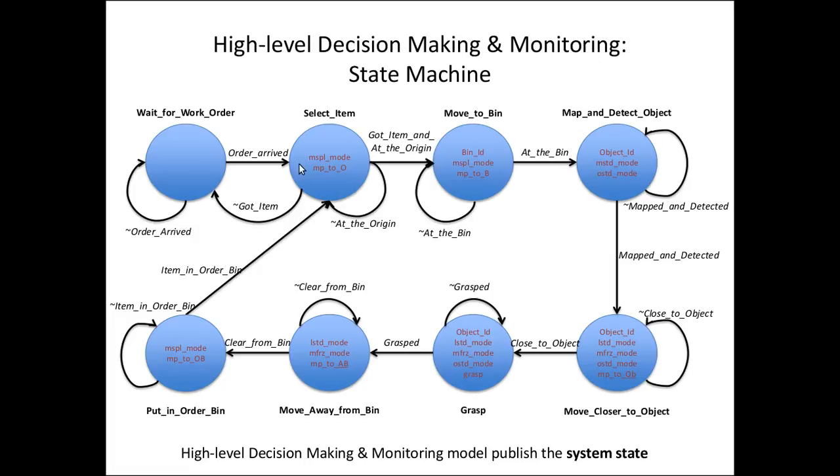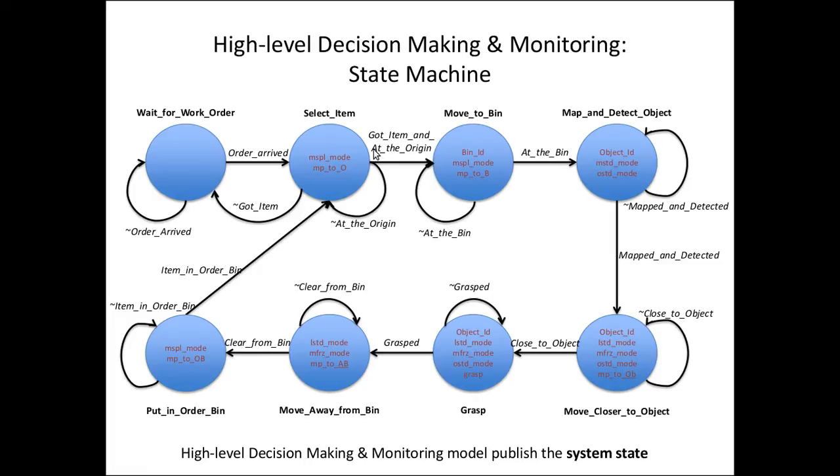So the state machine stays in this select item state until the robot has moved to the origin. Origin is a specific position of the robot where it can start moving to any desired bin.